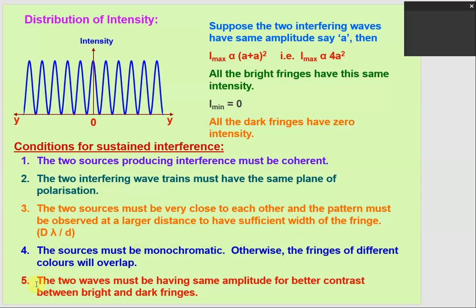And the last condition is that the two waves must have the same amplitude, because then the bright fringes will be completely bright and the dark fringes will be completely dark. In that case, whatever pattern we see will be very clear and is called a sustainable interference pattern. So that is all about the conditions for sustainable interference. Thank you.